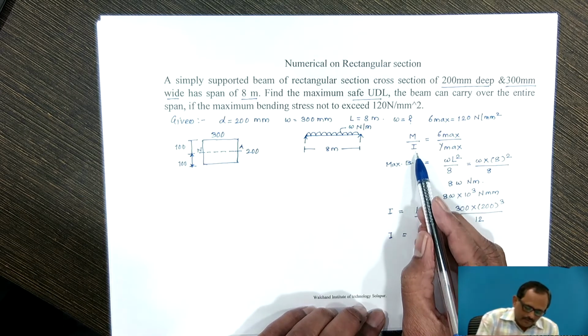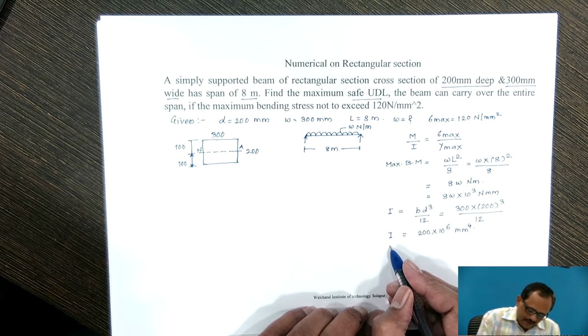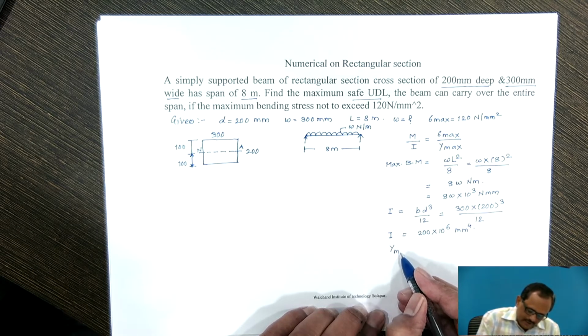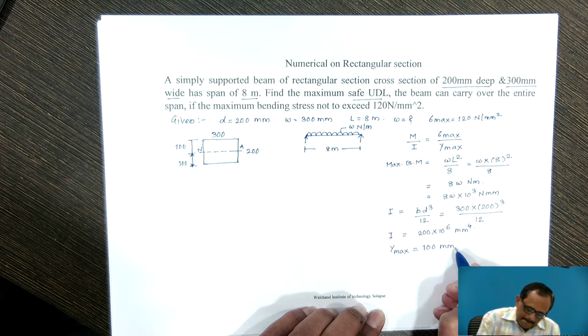Now, we know the moment of inertia, and we know the distance of the topmost layer where the maximum bending stress occurs, that is 100 mm.